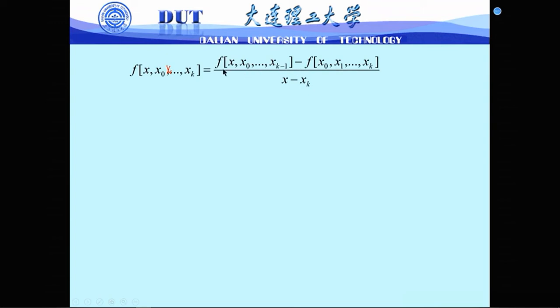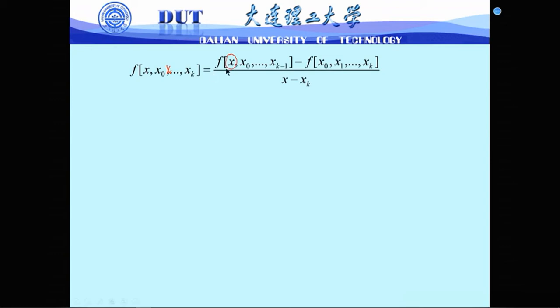Then divided by the denominator. Remember how to write the denominator: you should consider the common terms, right? So now you see we have x0, x1 to xk minus 1. So what is different? The difference is here.